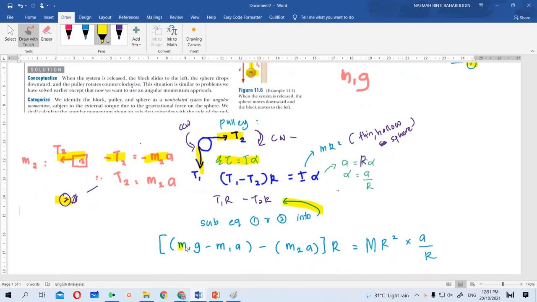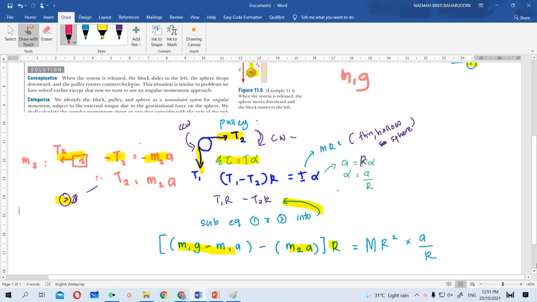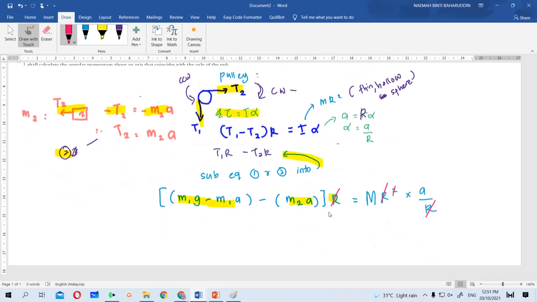So this is T1, this is T2, times R. This is I, mr squared, and then this is alpha. When we simplify, we find that we can cancel away all the R, and then let's factorize the a.